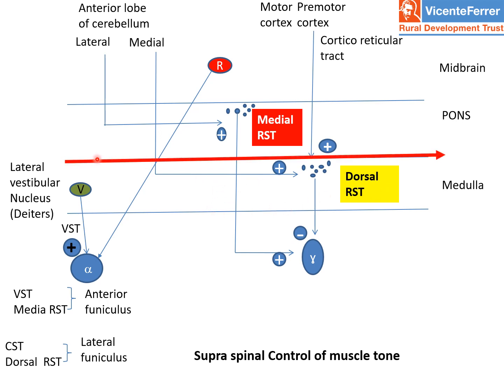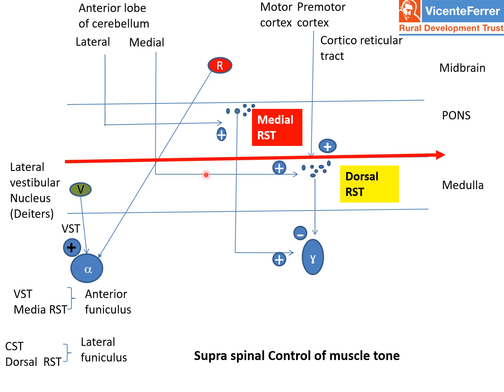So here you can see even the medial reticulospinal tract, which is coming from the pons, got affected when you do this ischemic procedure by ligating the basilar artery and internal carotid artery.